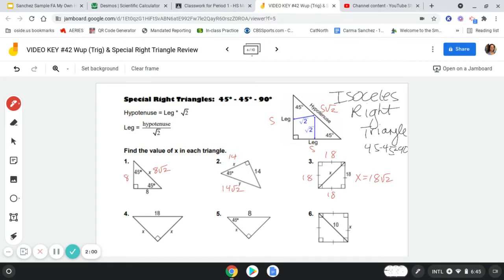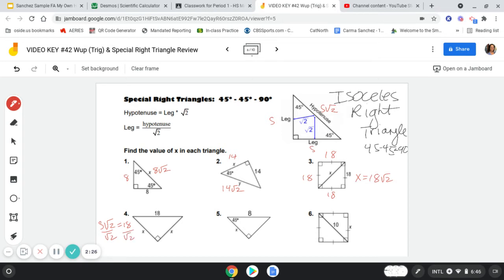Number 4 gave us the hypotenuse. Normally, it's something root 2. So here we go. This is one that requires an equation. We're going to say that that length of 18 is equal to the relationship of side length root 2. So, side length root 2 equals 18, and solve backwards.